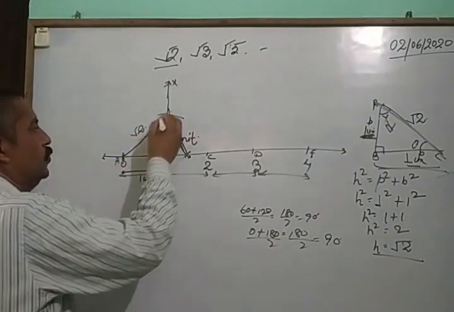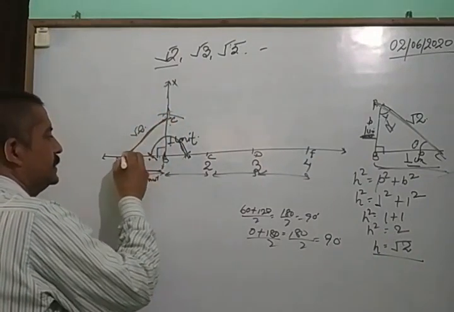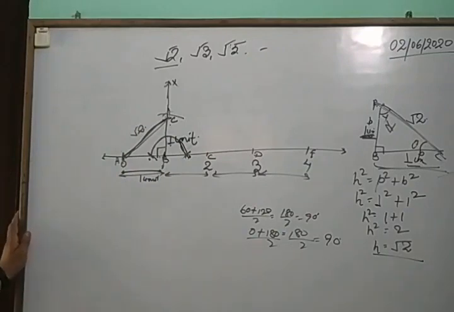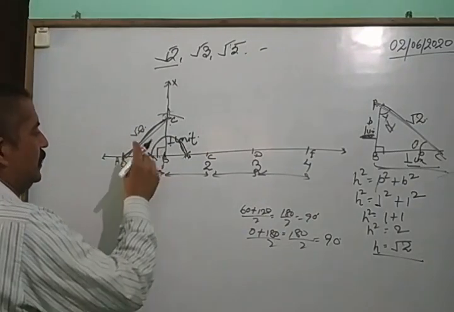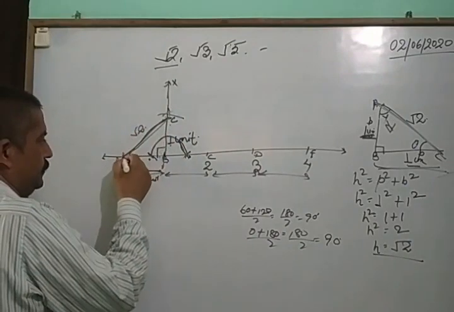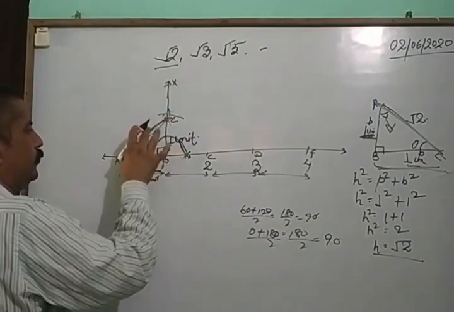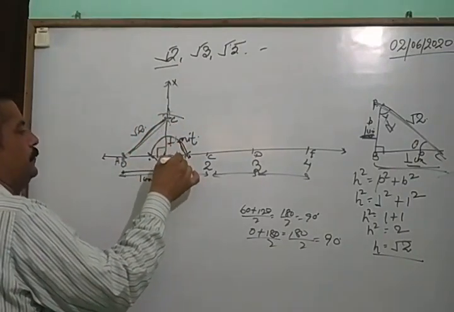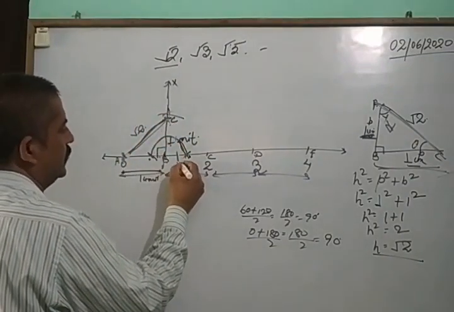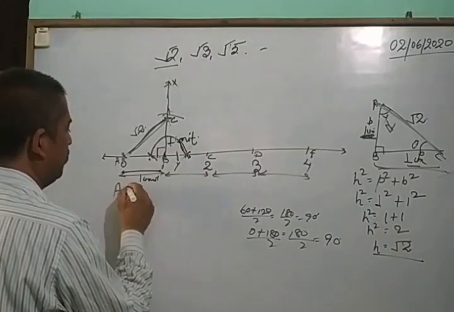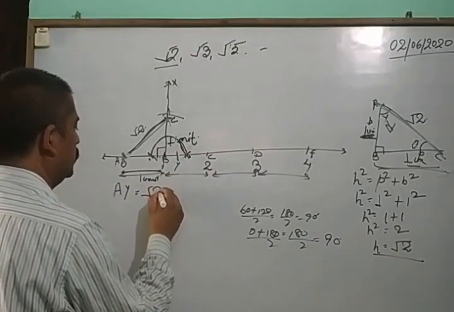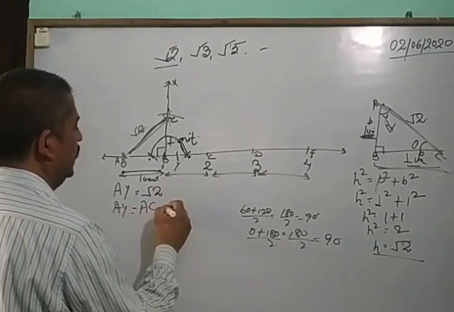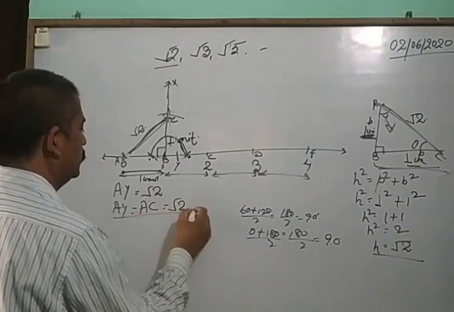So root 2 is the value of AC, but it does not lie on the number line. So how to represent it on the number line? You take an arc from A to C, draw the arc and cut the number line at that point, let us call it Y. So AY equals under root 2, because AY equals AC, whose value is root 2.